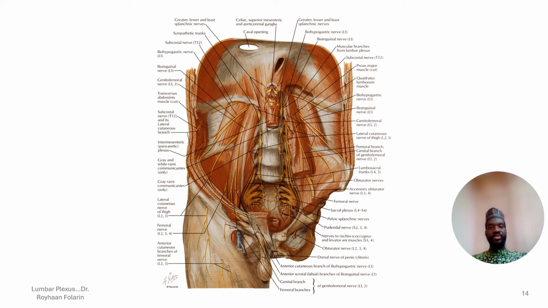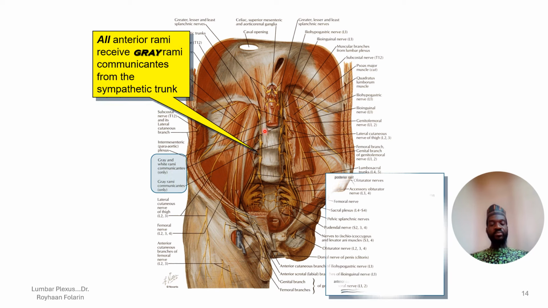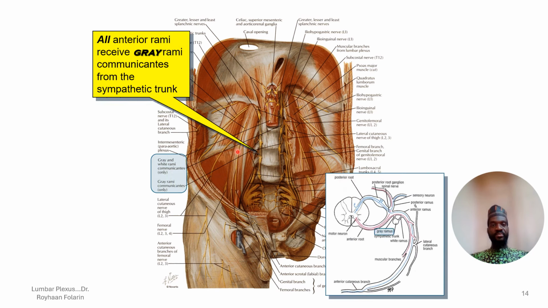So the lumbar plexus is not just a somatic network, okay? It has significant autonomic connections through the sympathetic nervous system. And you would appreciate here, I was talking about the anterior rami receiving rami communicantes from the sympathetic. So to understand this better, you have here an illustration of a cross section of the spinal cord.